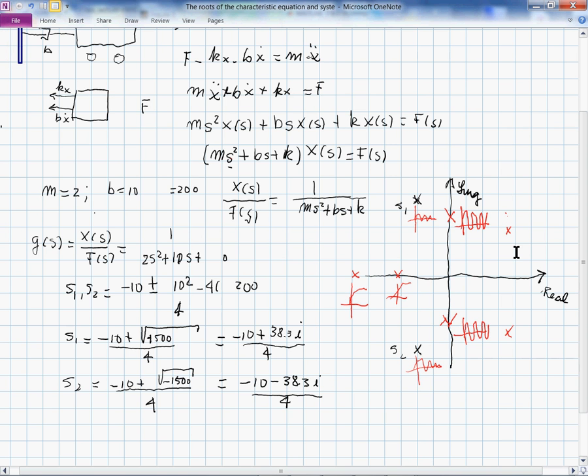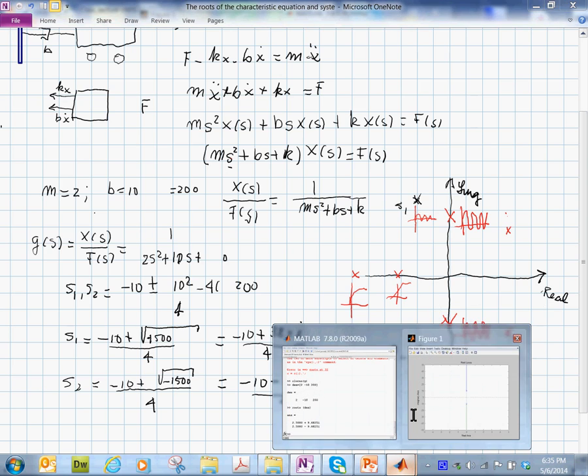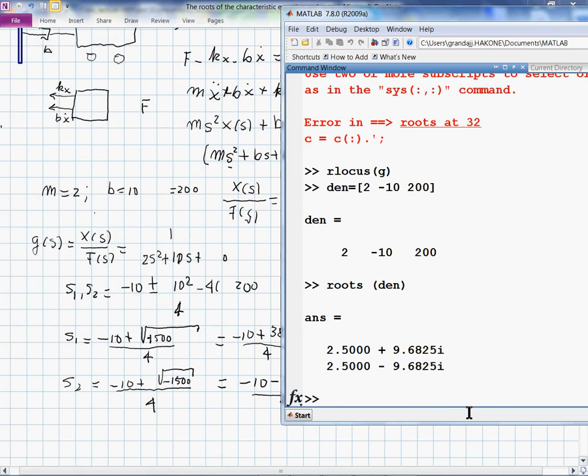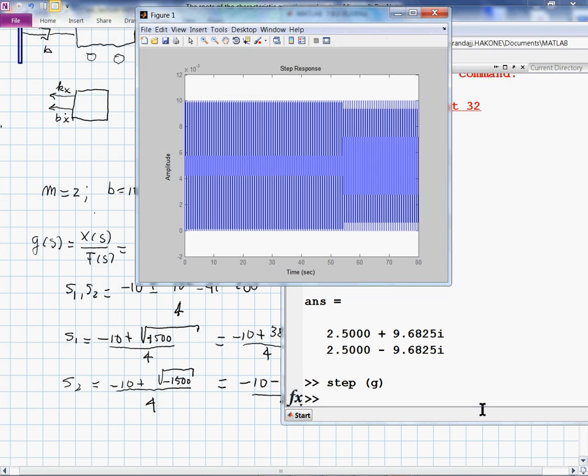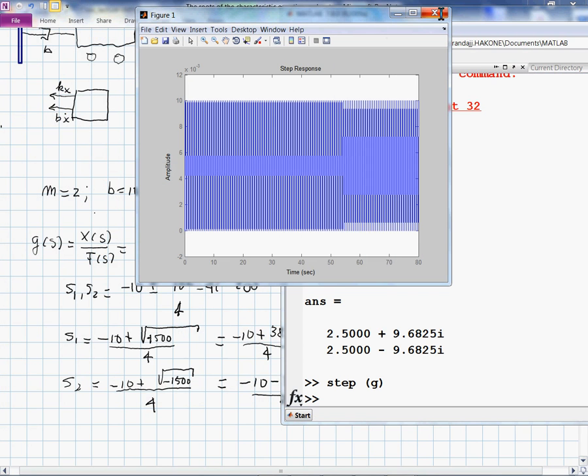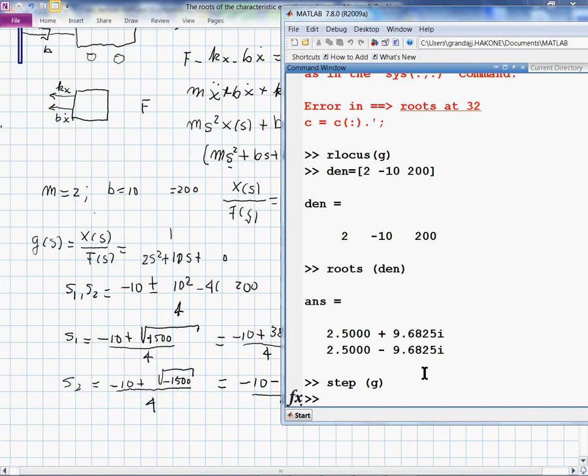So we go to MATLAB and we say, I'd like to find it out. Would you please give me the step response to this and see what happens? And look what happens. We have a very bad response. Let me make sure that we are correct. Still, this is the transfer function.